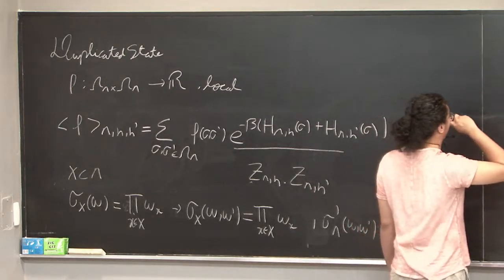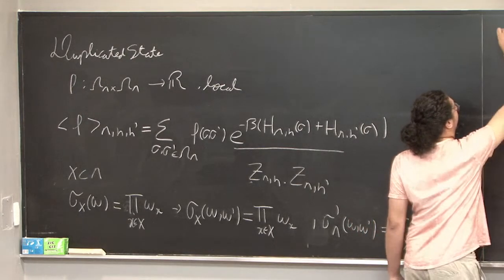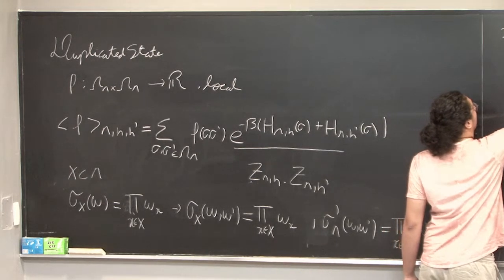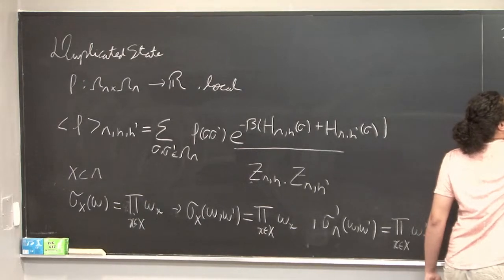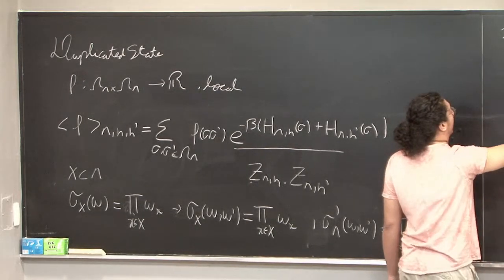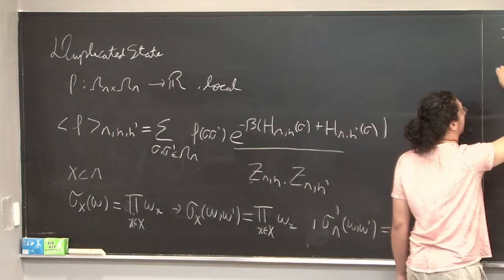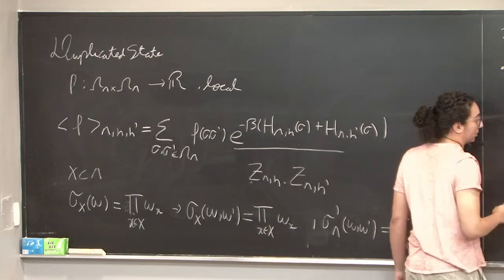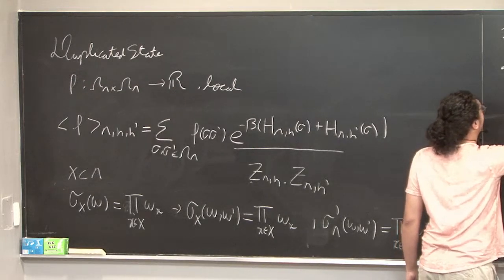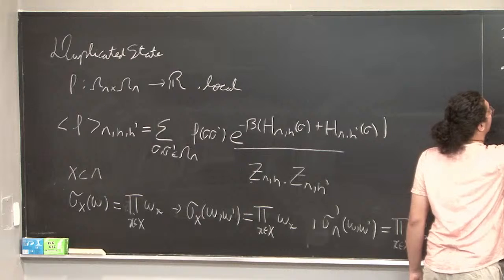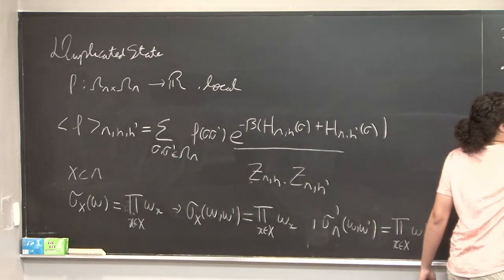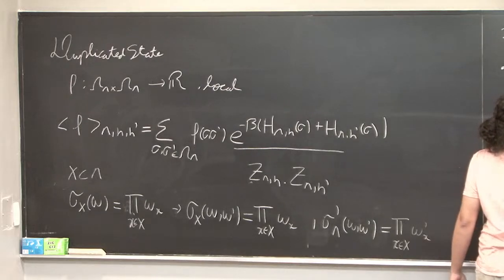Another example of a local function will be these. Again, take an x in the domain, and take big X a subset. Then define S of x, which is just going to be the sum of the two spins at x: sigma x plus sigma prime x.